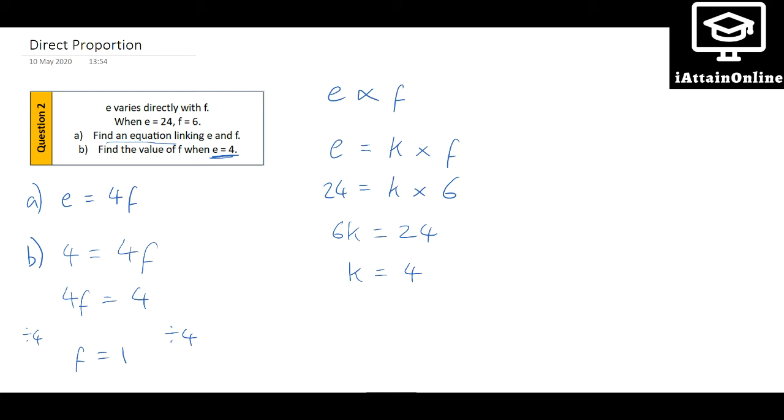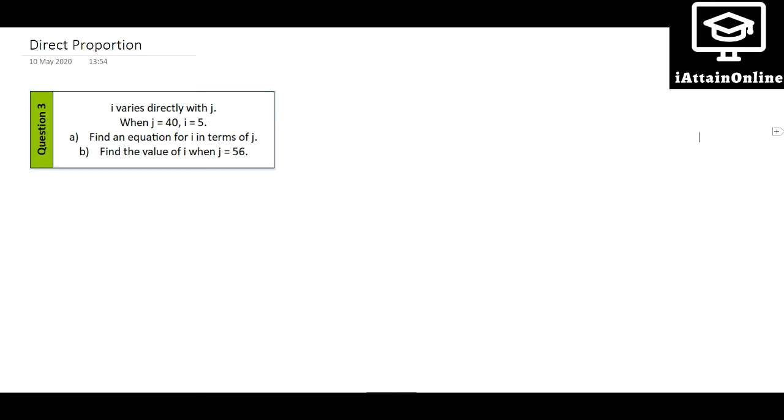Sorry, that second bit. Okay, let's go on to 2 more examples. Again, the first part of this part A is going to be quite similar. So I is directly proportional to J. So I is equal to our constant of proportionality multiplied by J, using the values we've been given.